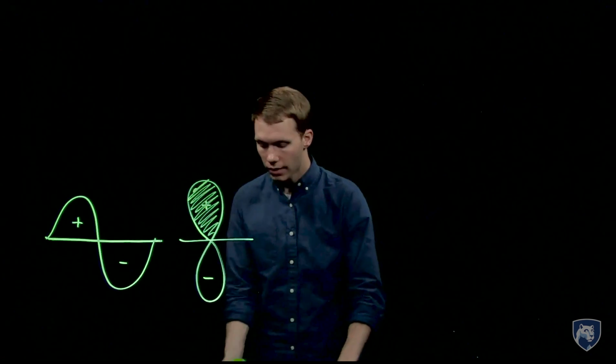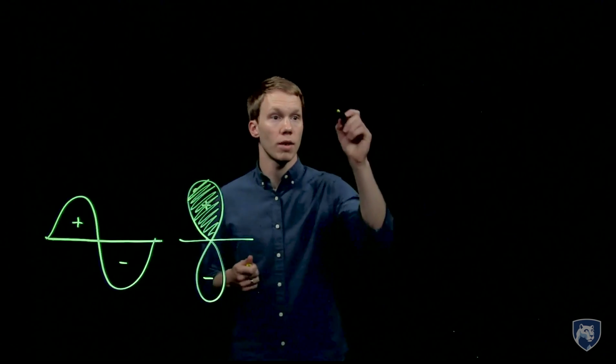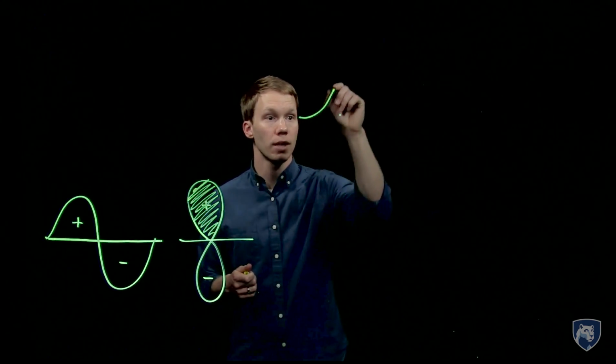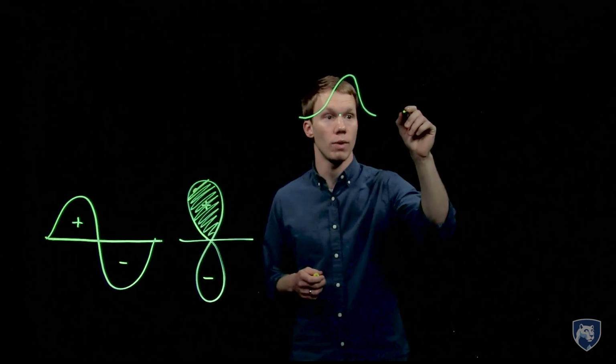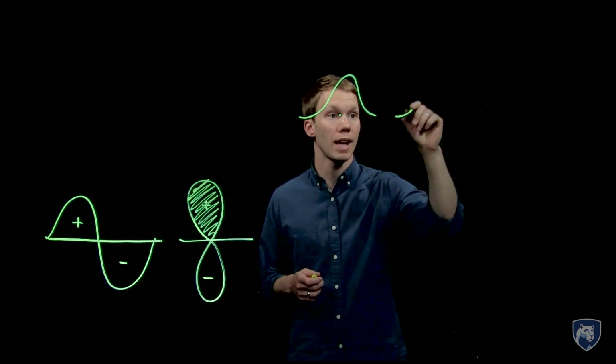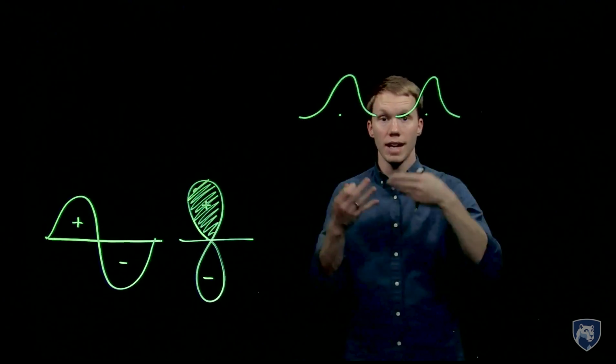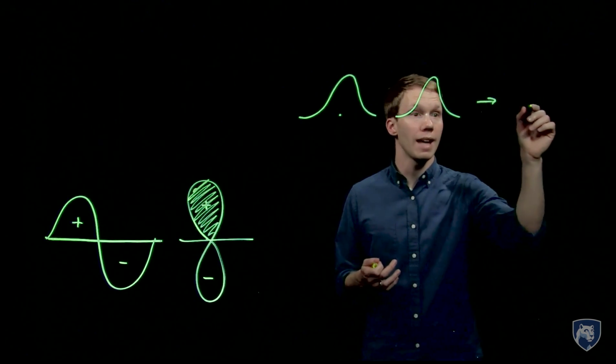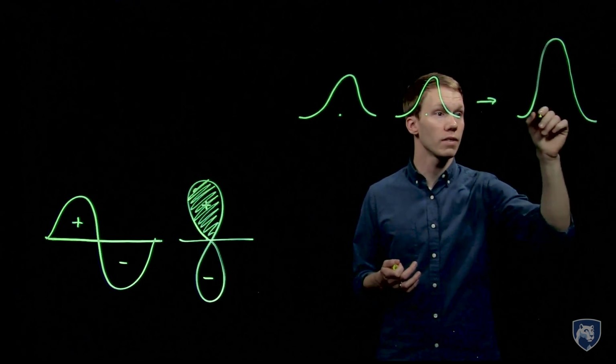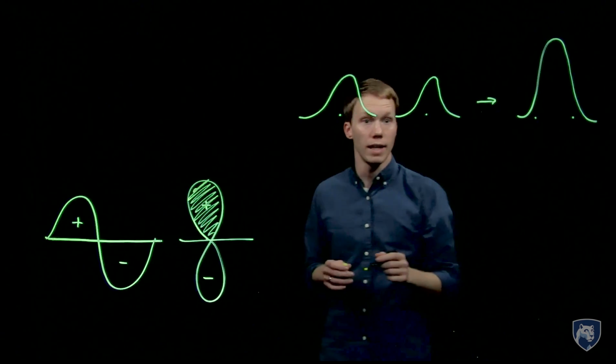If we look at how this can be drawn in terms of two atoms, there's my nucleus and here's my electron as a wave. If that comes together with another nucleus with an electron in the same phase, we will get constructive interference, and that would be a bond.